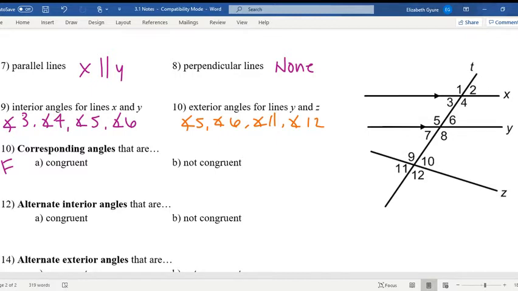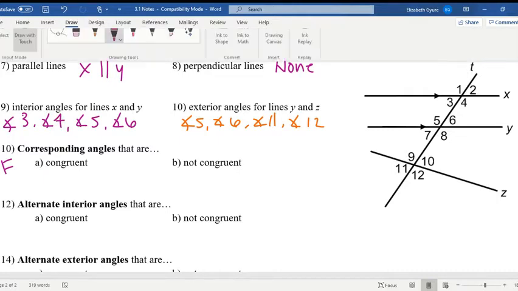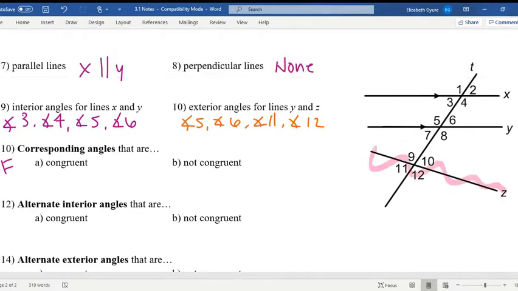Now, what would be the difference? Well, congruent ones are going to be formed by parallel lines. Not congruent ones are going to be formed by lines that aren't parallel, right? And in this diagram, you have some parallel lines, you have some not parallel lines, so there's going to be both happening. If I'm looking for just congruent corresponding angles, then I want to ignore line Z.